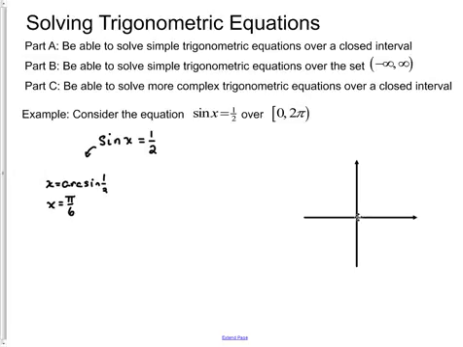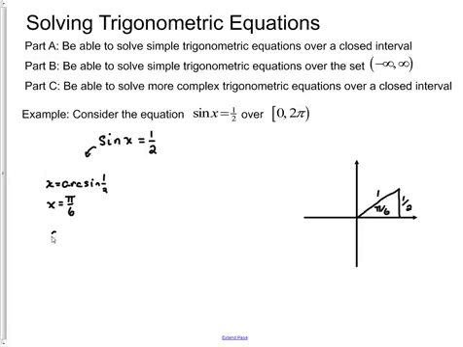So sketching in my angle right here, we can see at pi over 6, we have the kind of right triangle whose ratio of opposite side to hypotenuse would be 1/2. But then we ask ourselves, well, where else could this be true on the interval from 0 to 2 pi?